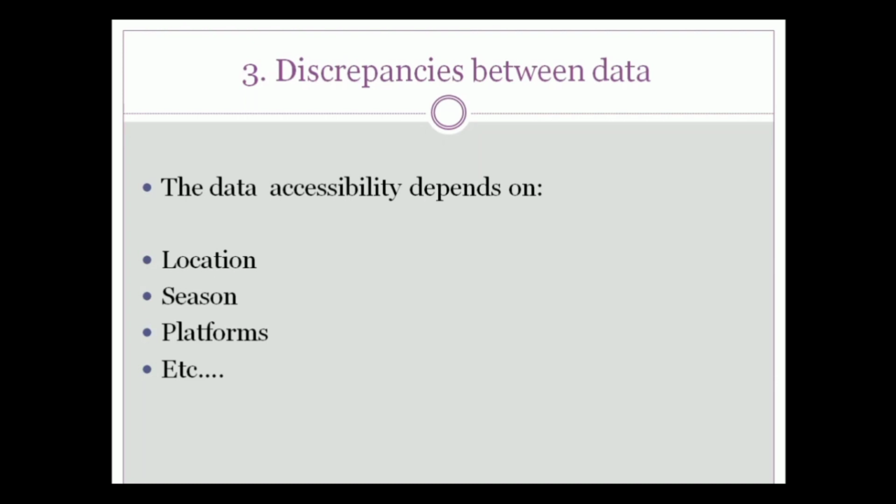So these are some of the platform dependent accessibility issues that cause variation among the data accessibilities. These are some of the challenges faced by machine learning industry people, which cause difficulty in accessing the data, or in accessing the machine learning algorithms.